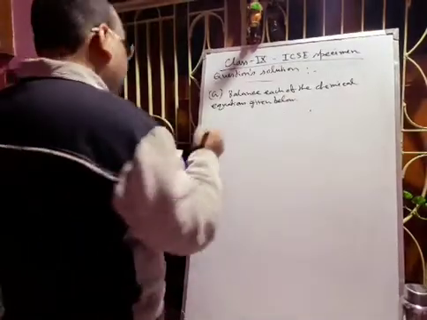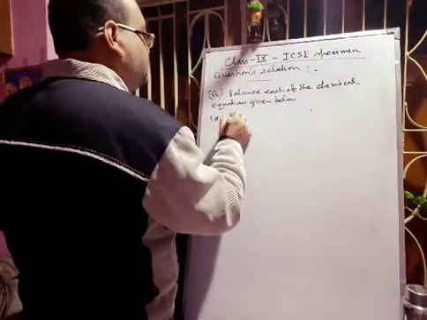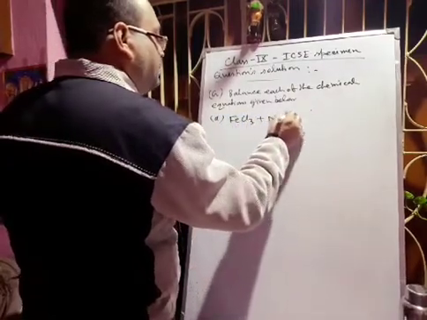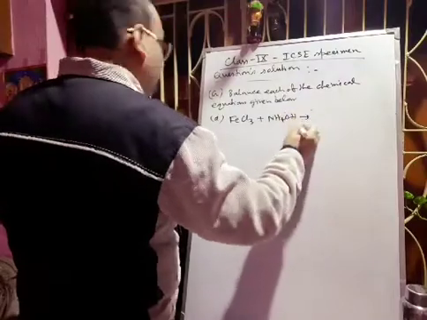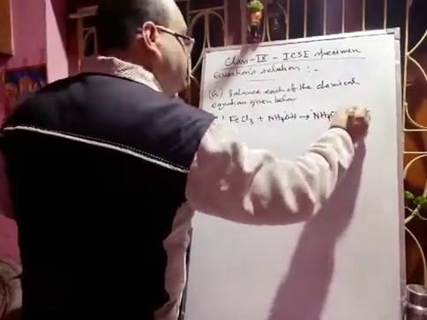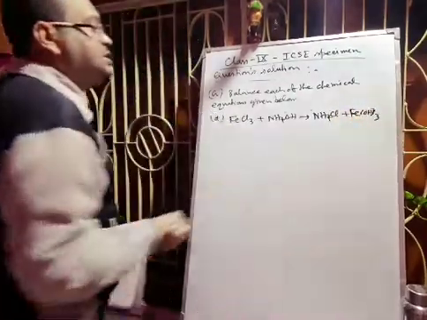First question is given, a ferric chloride and ammonium hydroxide reaction, forming NH4Cl plus Fe(OH)3. So this is the skeleton reaction.